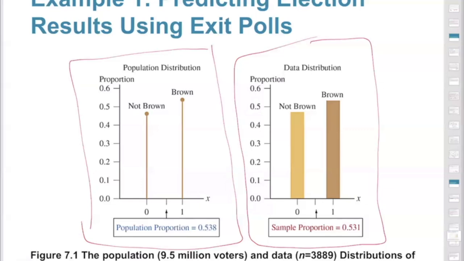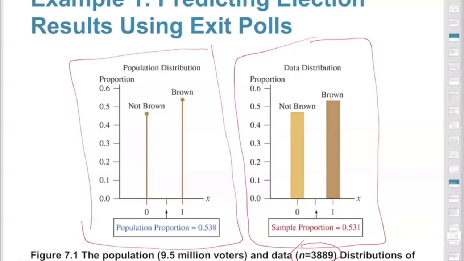Why is it so close like this? Do you know why? One thing will let you know why, and that is the sample size. The sample size is large enough, so that means your sample represents the entire population.